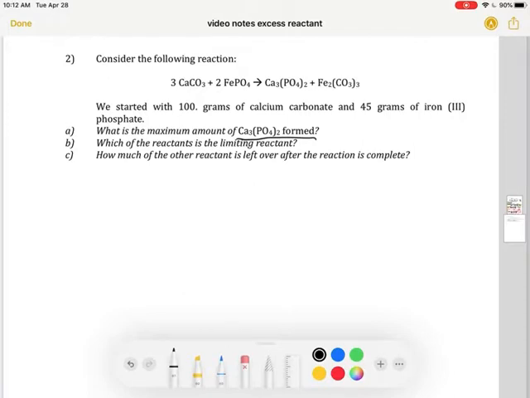So we're starting with 100 grams of calcium carbonate, and we want to go to grams of calcium phosphate.